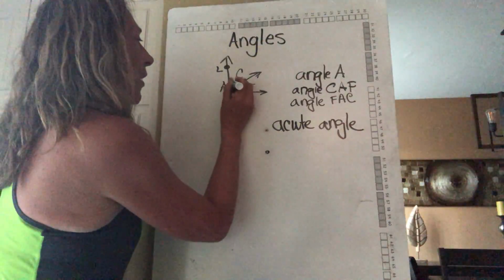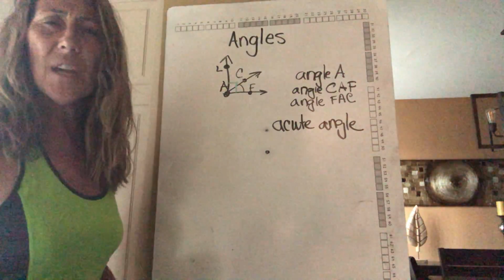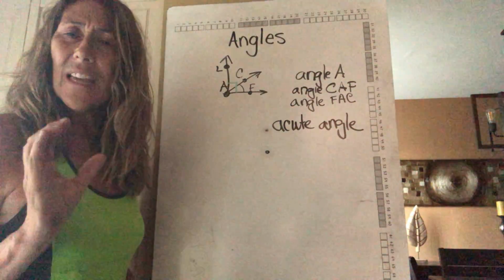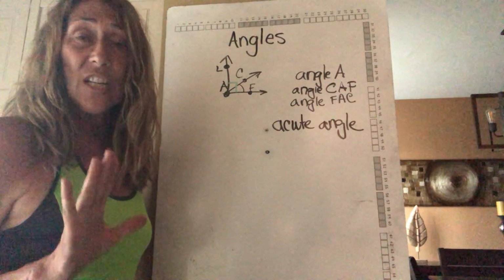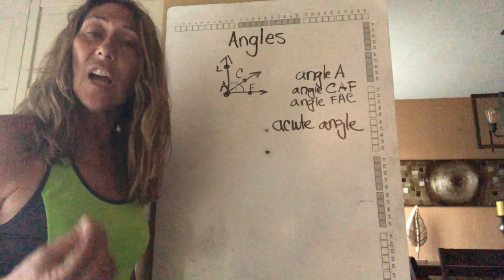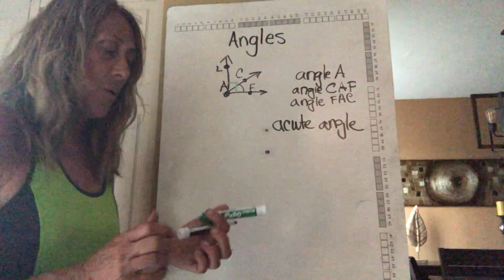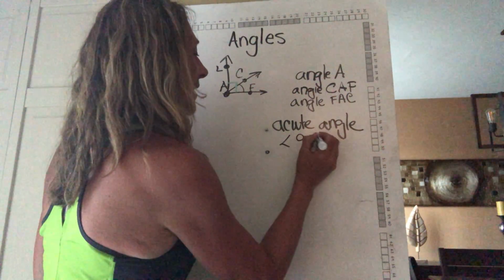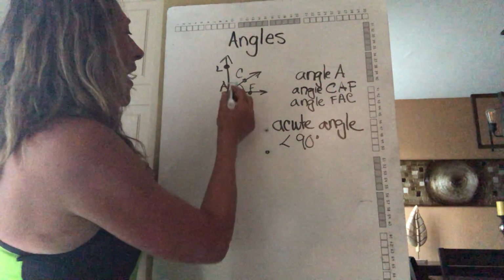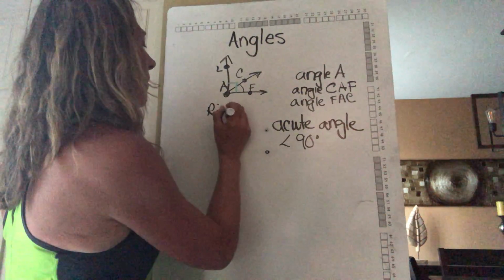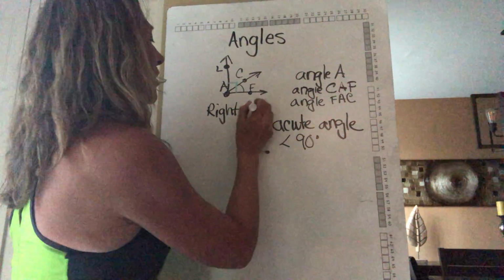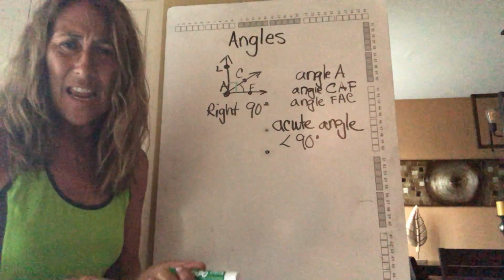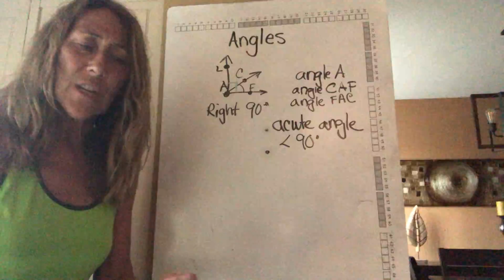And from right here, just like with our perpendicular lines, we do this little box that tells us that's a 90-degree angle, or it's also called a right angle. So we have acute angles, which are less than 90 degrees, and we have a right angle, which is 90 degrees. So angles have many different names, but they're measured in degrees.